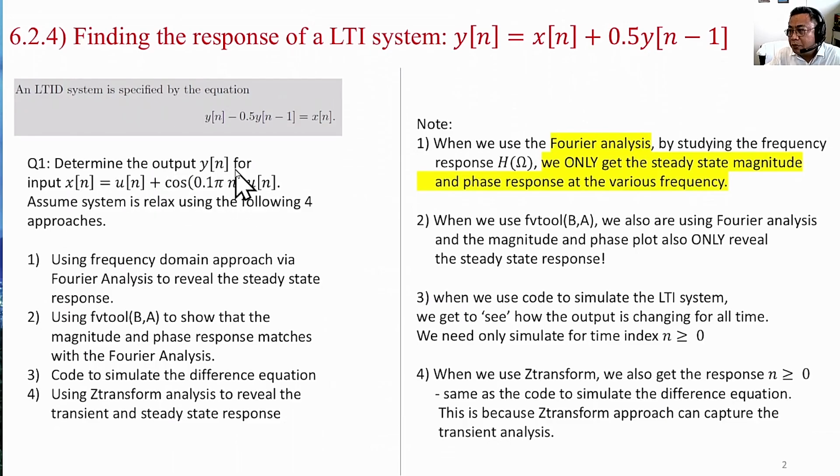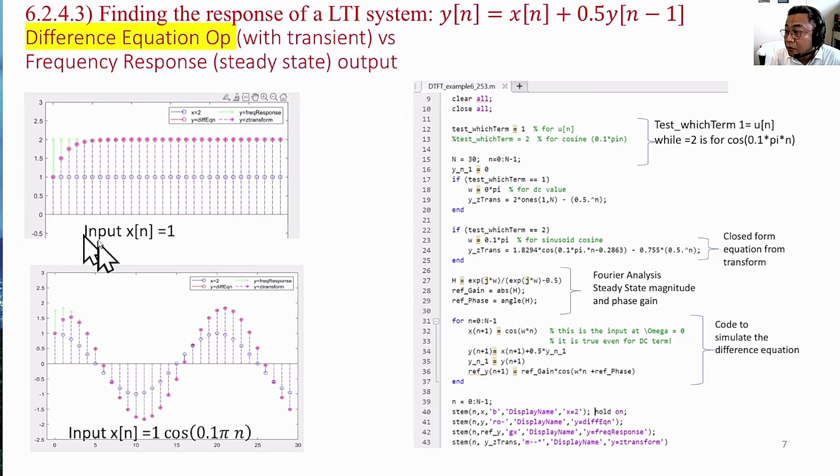So my inputs are causal. Here on the horizontal axis, which is time, n equals to 0 to infinity, and the input is 0 before that. The blue dots are the input x[n].